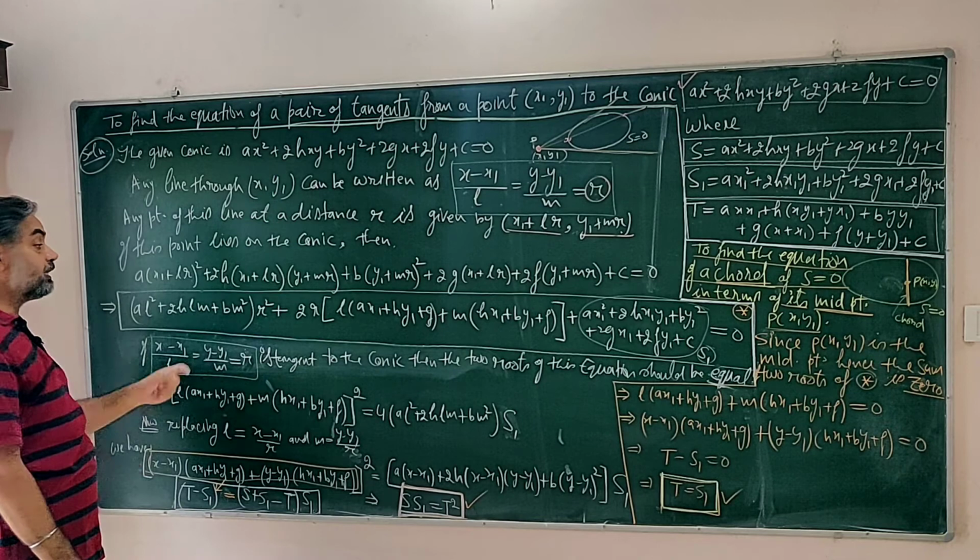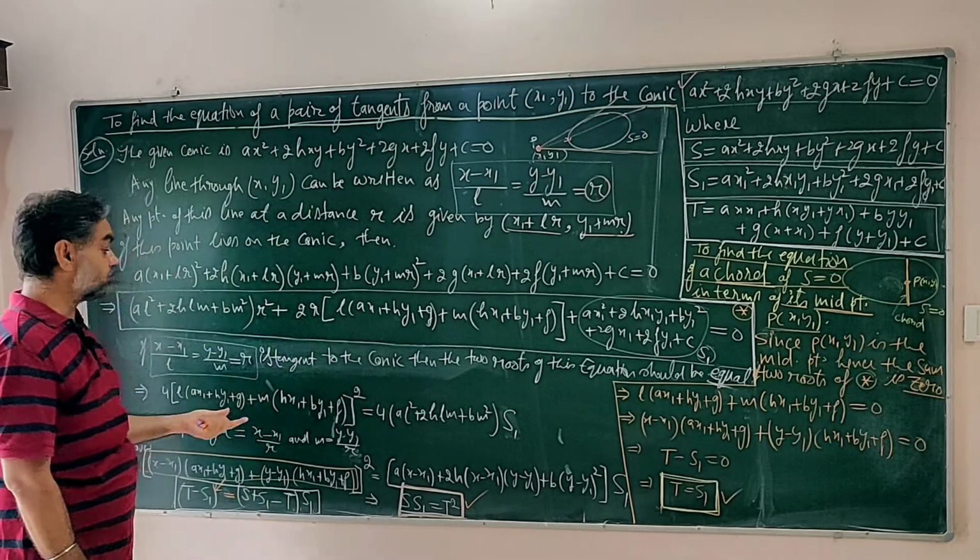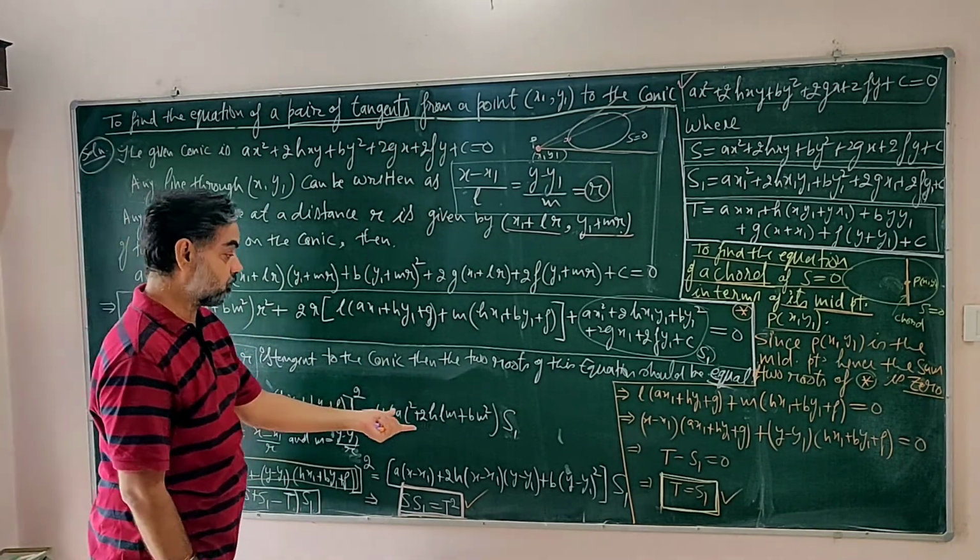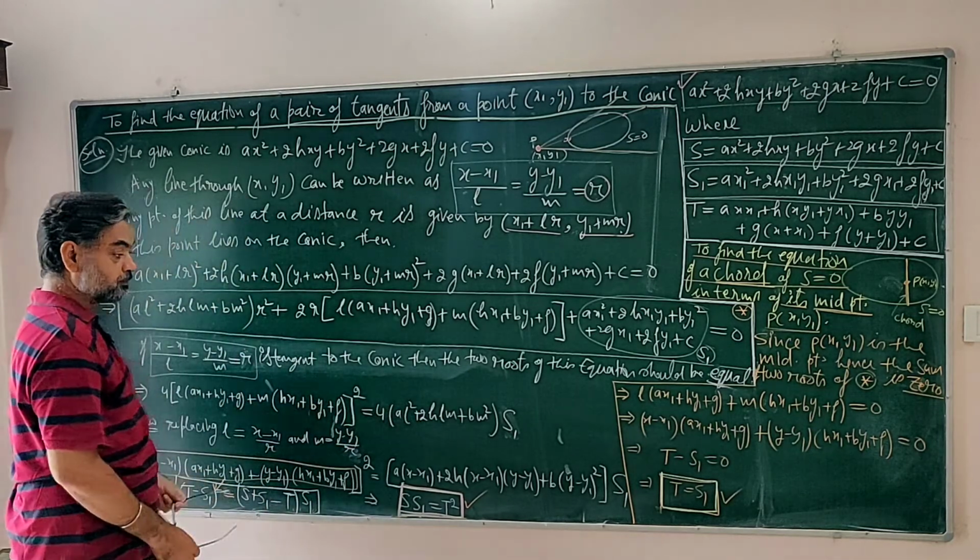If the line cuts the conic, the two roots would be different. So for a tangent, the discriminant should be 0. You put the discriminant of this quadratic equation equal to 0, and that gives you this.